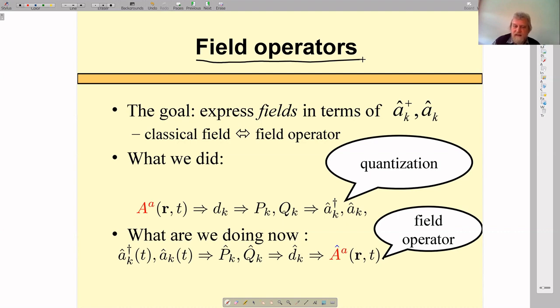And this quantization is just expressed in terms of creation and annihilation operators, which obey certain commutation relations. But these operators originate from different fields.